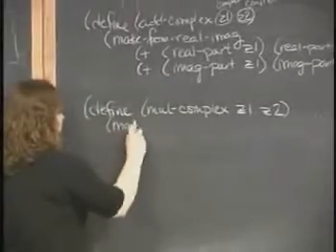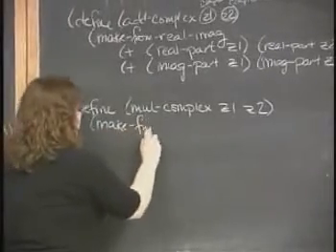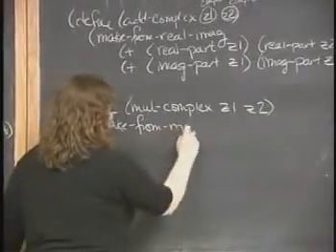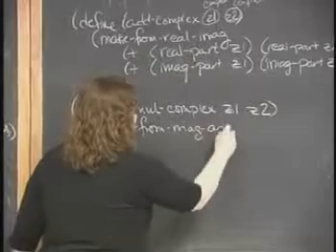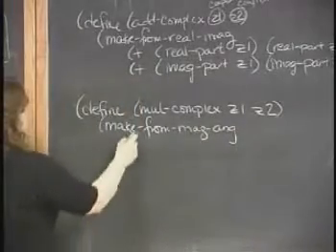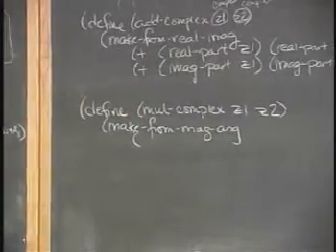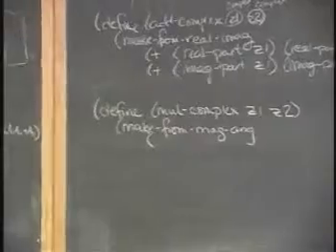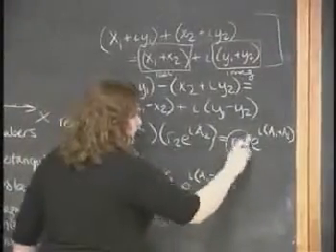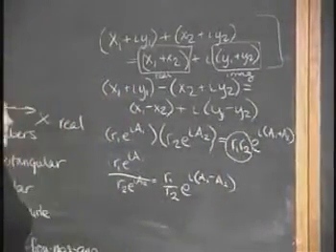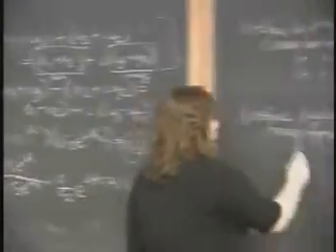Make from magnitude and angle. Okay, so the first thing we need to pass to our constructor is the magnitude, which will be the magnitude of the first times the magnitude of the second.